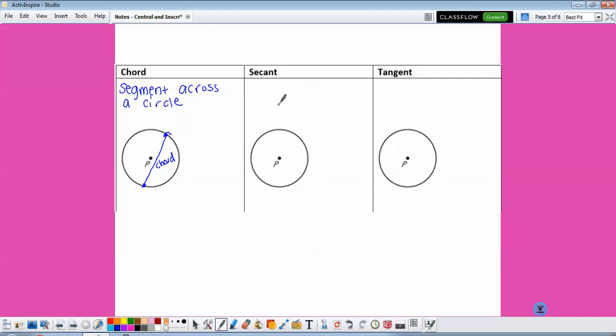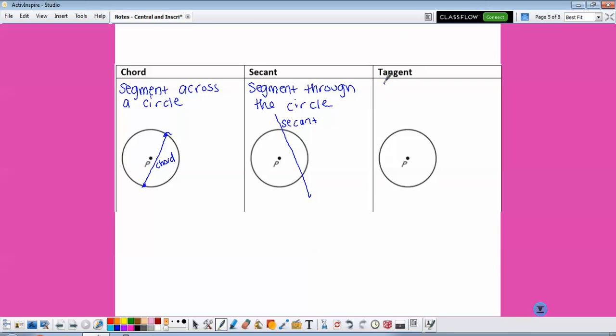A secant is a segment that goes through the circle. It's going to start out here and go through the circle. That's a secant.